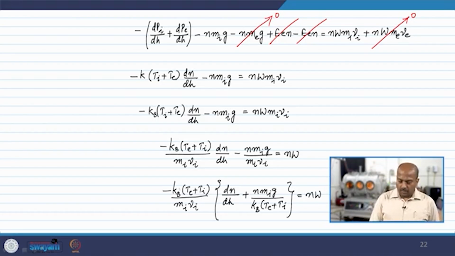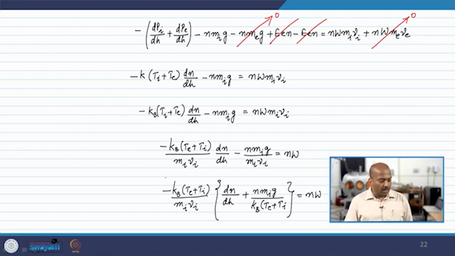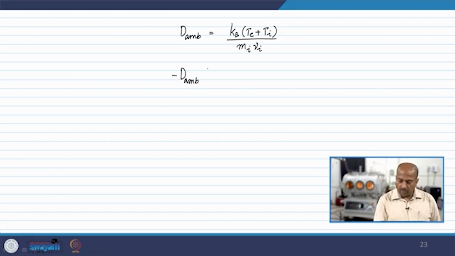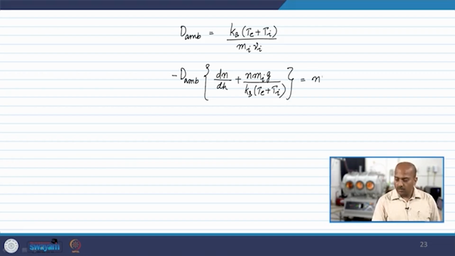So, this factor that appears, kB times (Te plus Ti) divided by Mi nu I, is in the dimensions of a diffusion coefficient, and we are going to call this D suffix amb, which is kB times (Te plus Ti) divided by Mi nu I. So, with this we can write the equation as minus the ambipolar diffusion coefficient times dN by dH plus n Mi g divided by kB (Te plus Ti) is equal to n w, right.